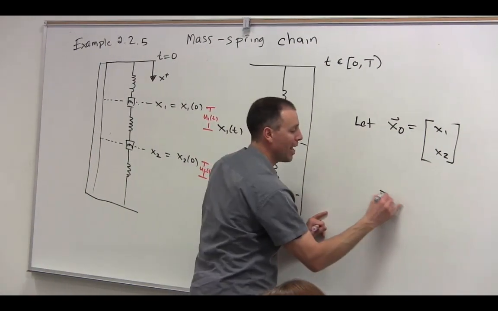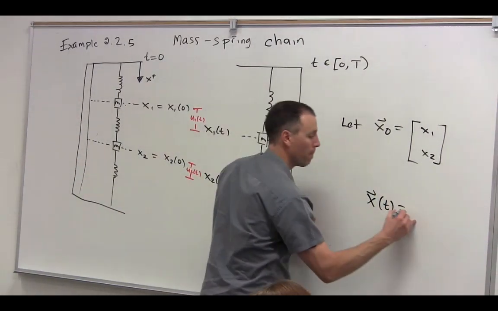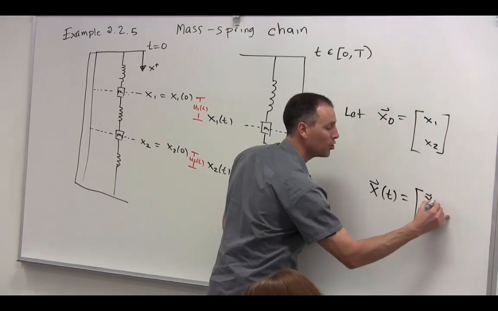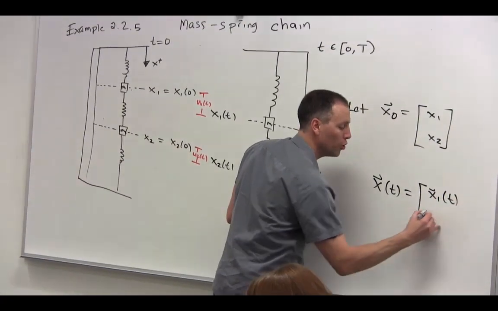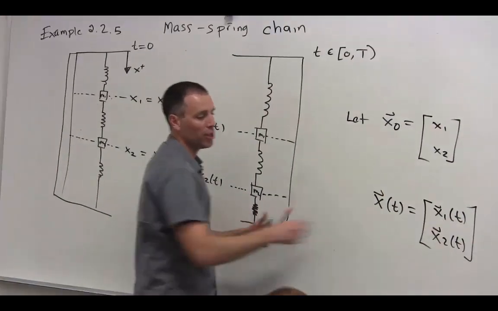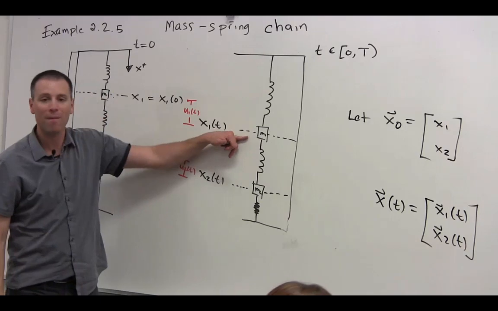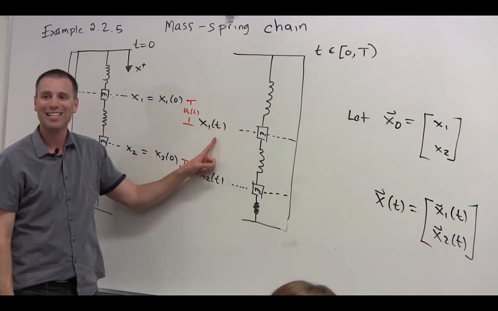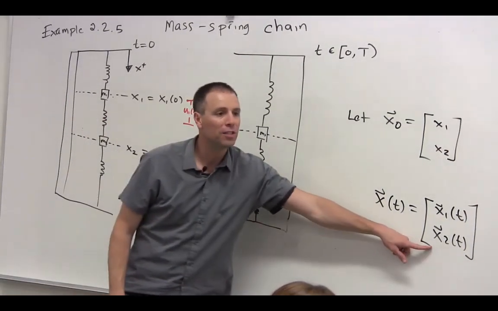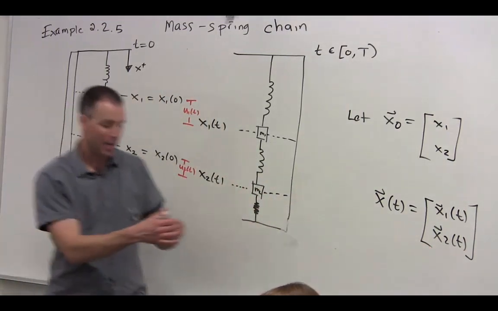Could you imagine what x of t is? Yeah, it would be a vector valued function whose ith entry, so what would the first entry store? The center of mass 1 at any point t. What would x2 of t store? The center of mass 2 at any point t.